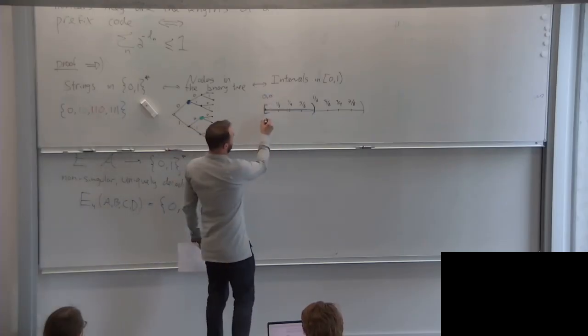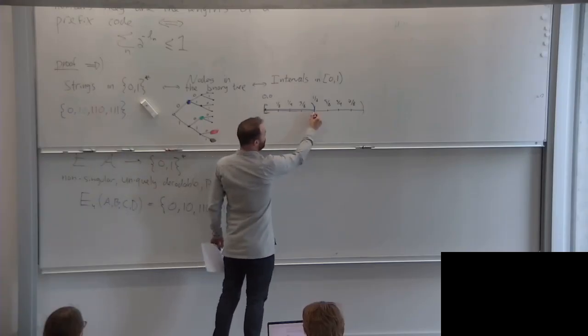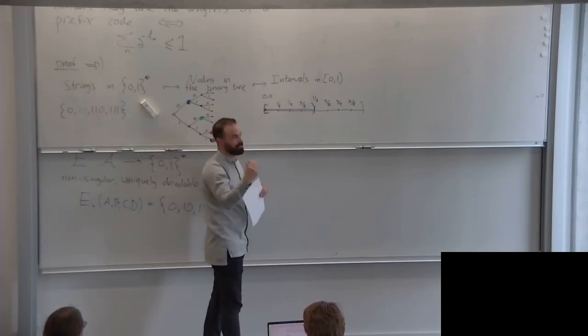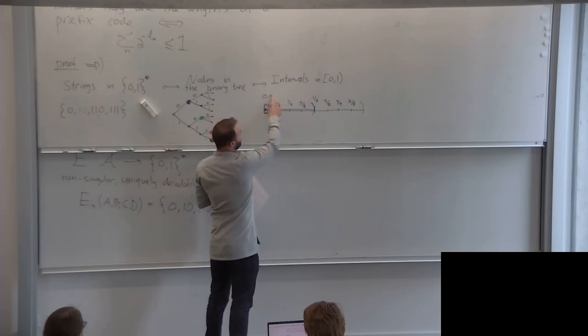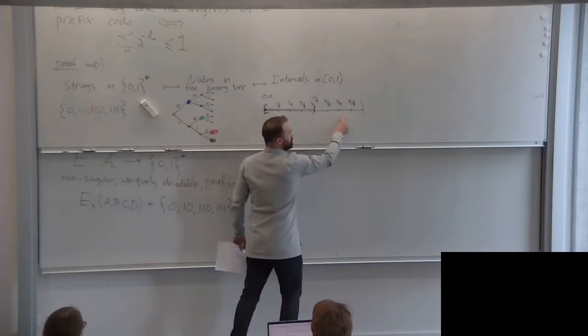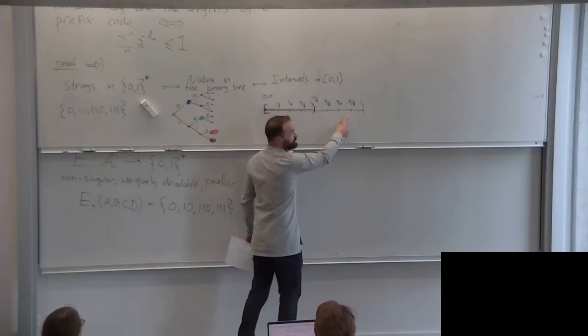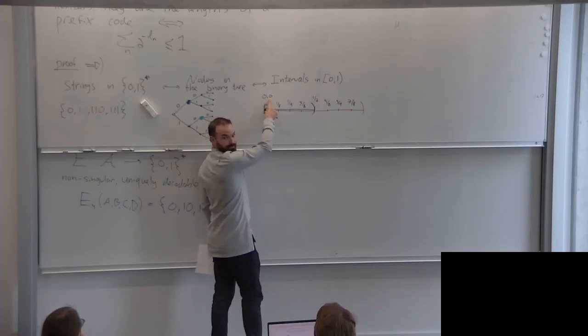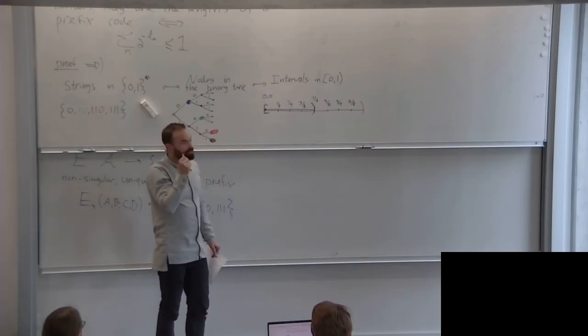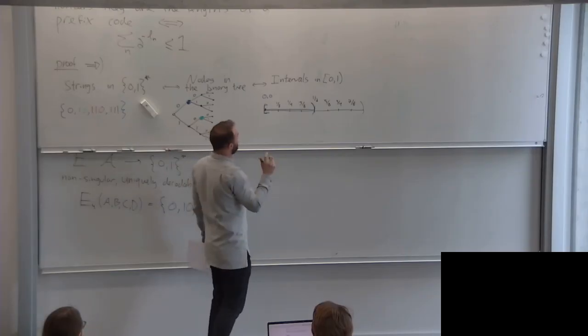And the fact that I take a full half length that I remove from the possibilities means that, suppose I remove this piece of my 0, 1 interval, then the only numbers left in the 0, 1 interval will start with a 1. It will be 0.1 in binary expansion. That's basically the idea.